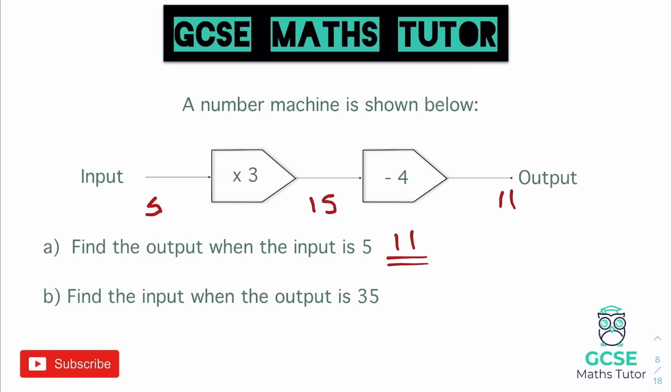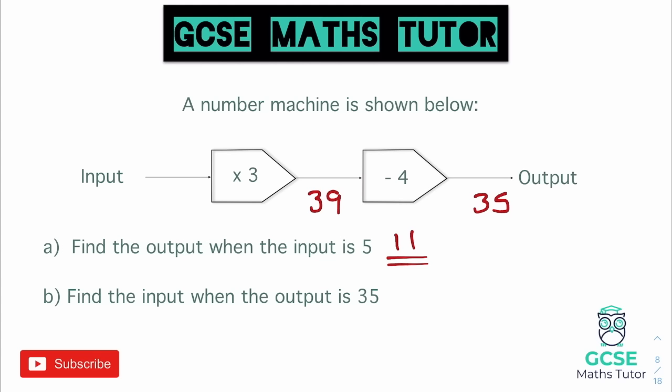Now for part B, we're looking at it the other way. It says find the input when the output is 35. Now if the output was 35, the last thing that would have happened is we would have subtracted 4. So if instead of doing that we go backwards and we add 4, it must have been 39 before we subtracted 4. Now for the next step, we obviously, before that, multiplied by 3.